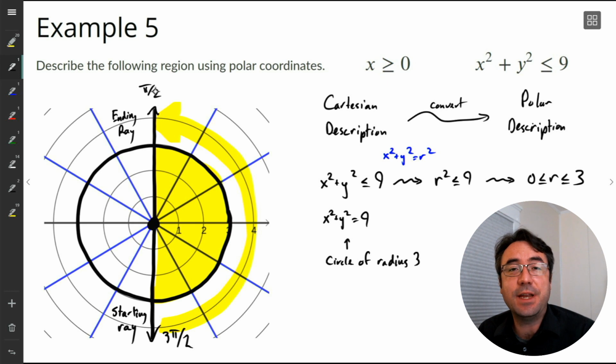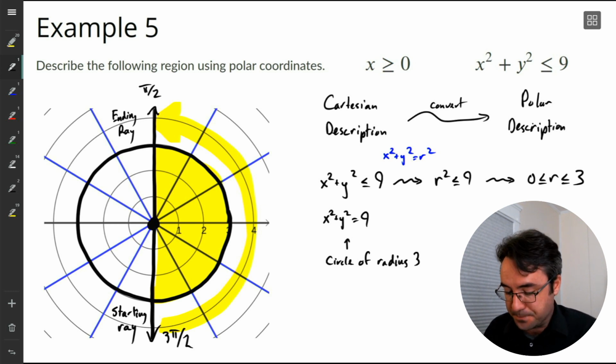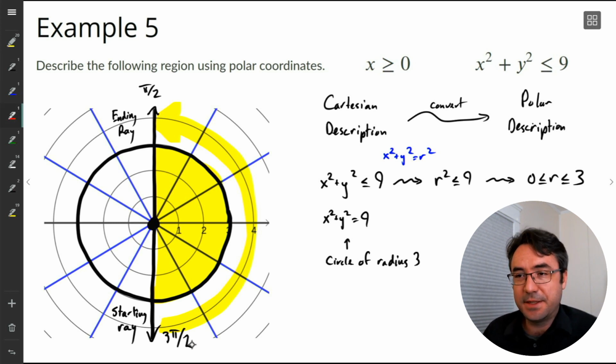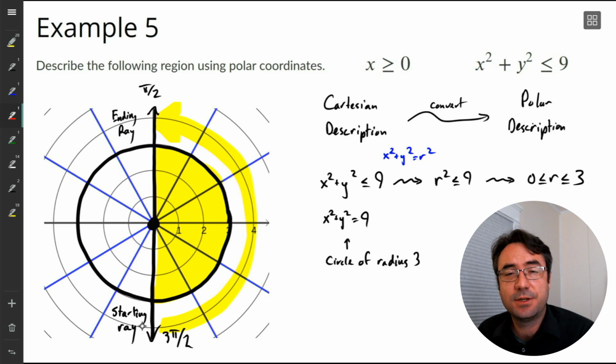Pi over 2 is a good ending theta value, but the starting one, if we're going counterclockwise, is too big. Technically this is correct, but each ray has many different potential theta values, and we can add and subtract 2 pi as much as we need to. So we just subtract 2 pi until we get it lower.